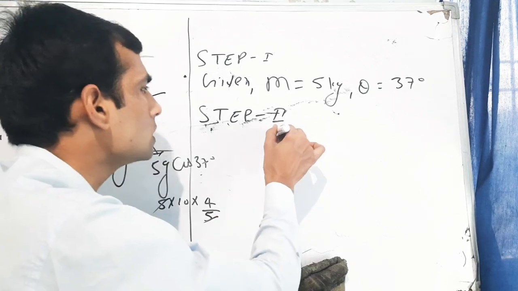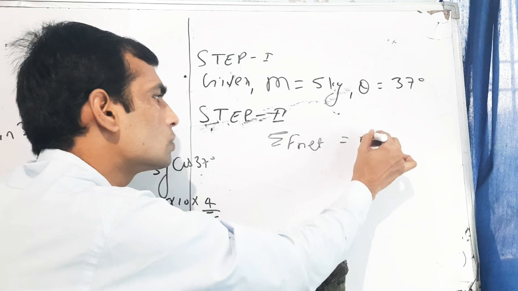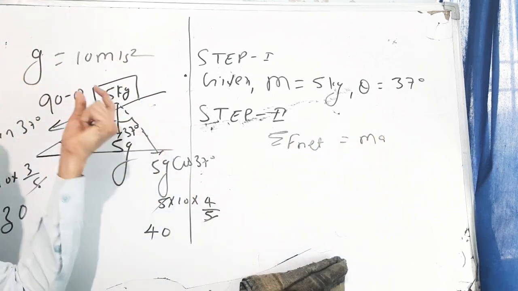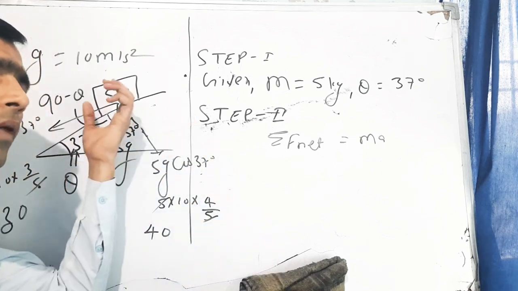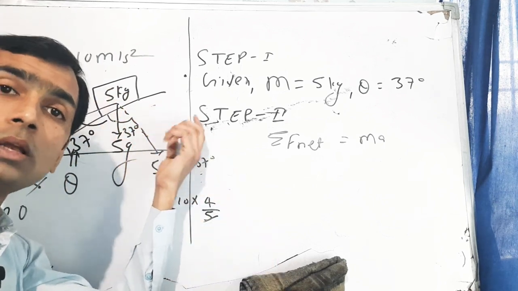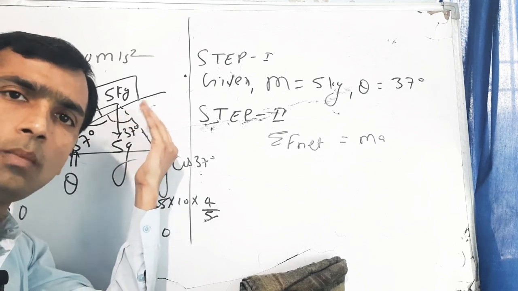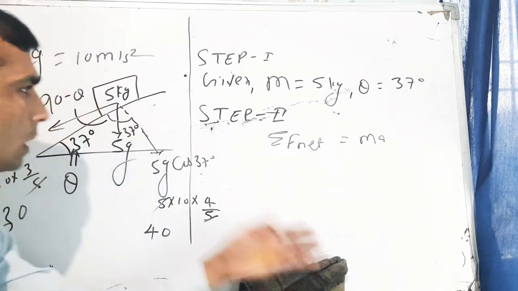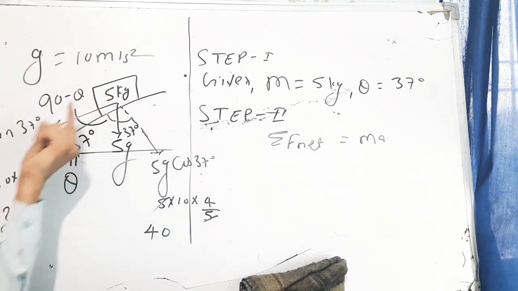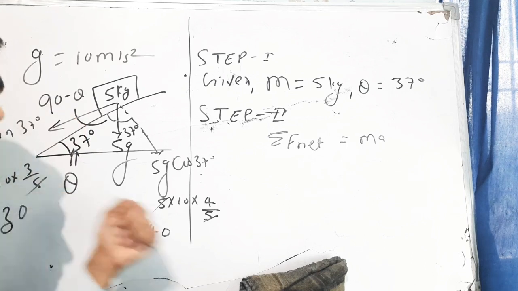So you can use the result summation of F net equals ma, and you have to find the acceleration of the block. If the block is coming down, this is the question basically: find the acceleration of the 5 kg block. If the block is coming down, summation of F net equals ma, because mg sin theta is responsible for carrying the block in the downward direction.